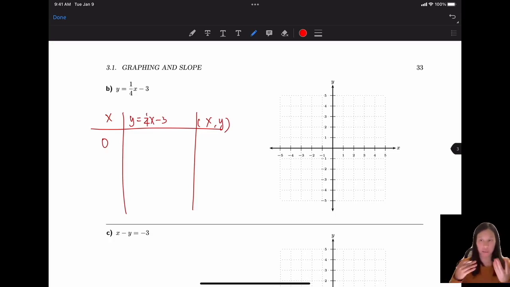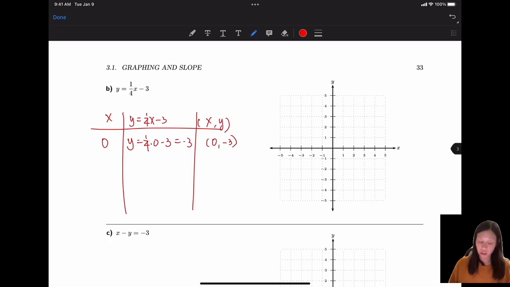Because everything times 0 equals 0. Everything plus 0 equals the number itself. So that makes the calculation easier, because 1/4 times 0 minus 3 is going to equal 0 minus 3, which is negative 3. So our ordered pair is going to be 0 and negative 3.